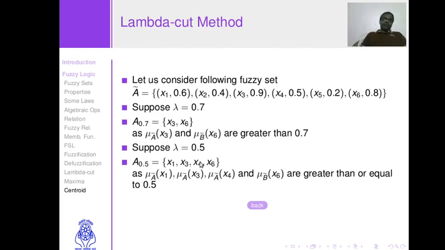In this way, by comparing the degrees of membership of the elements in a fuzzy set with the given value of lambda, we can convert a fuzzy set into a crisp set. The same operation can be performed on fuzzy relations also. So lambda cut methods are used to convert a fuzzy set or a fuzzy relation into a classical set or classical relation respectively.